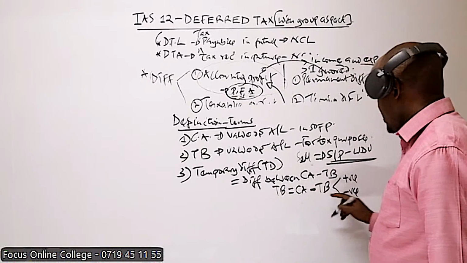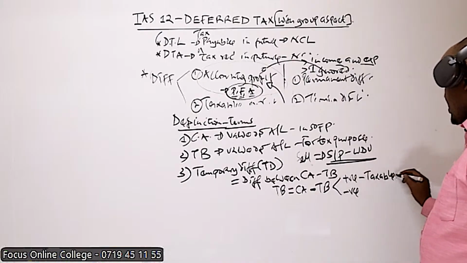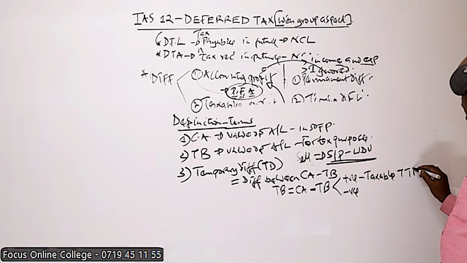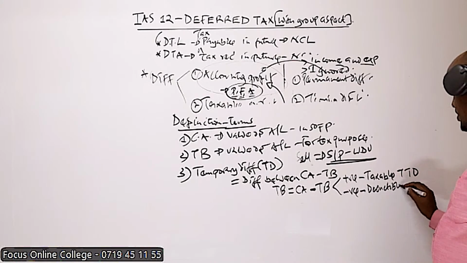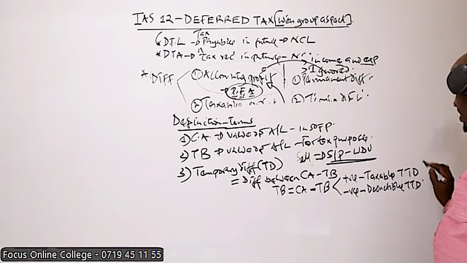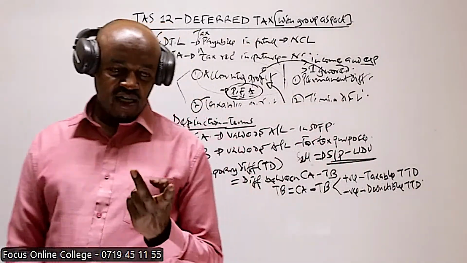If we get a positive figure, that one is called taxable temporary difference. If we get a negative figure, that one is called deductible temporary difference. So therefore, we can say we have two types of temporary differences.